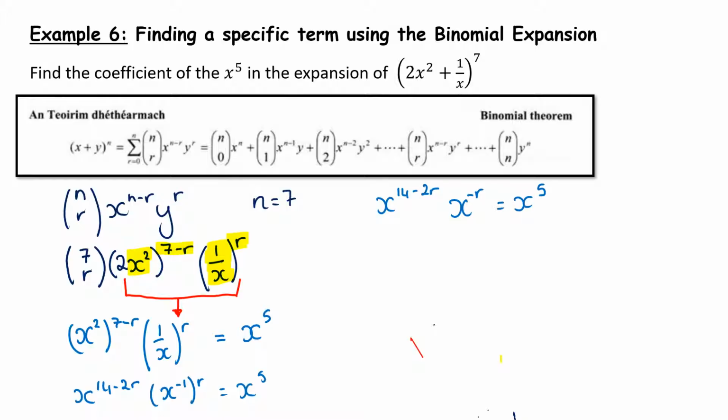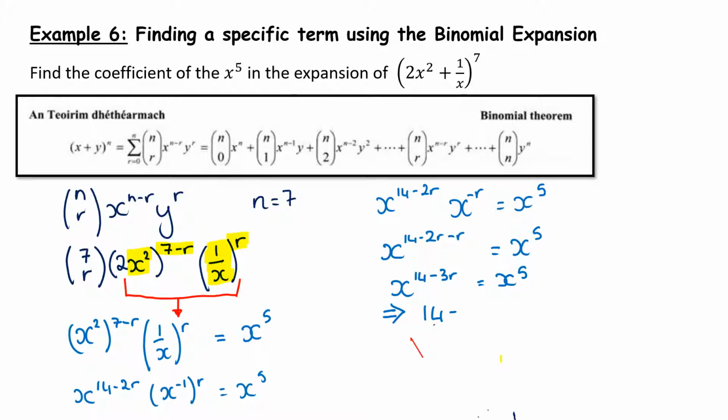Combining these, I use law 1, which is adding. So x to the power of 14 minus 2r minus r equals x to the power of 5. So I get x to the power of 14 minus 3r is equal to x to the power of 5. At this point, because I've got my bases equal, I can ignore my bases.